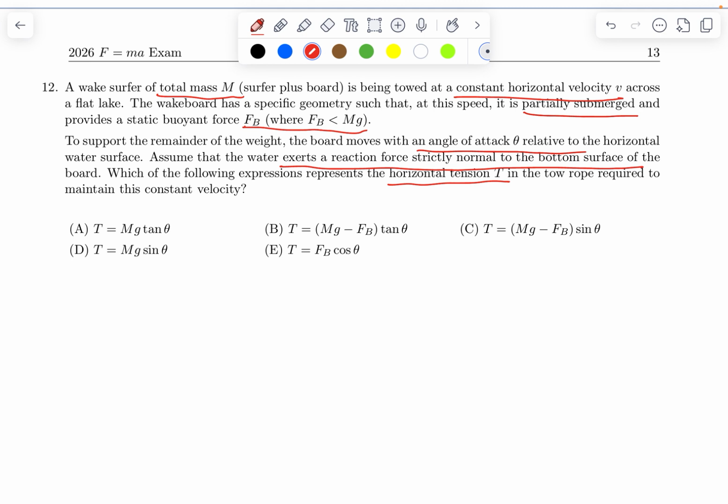Now, basically what a wake surfer is, this is being towed, right? Let's say it's being towed by a boat. And there's this guy standing on a surfboard and it's pointing this way, right?